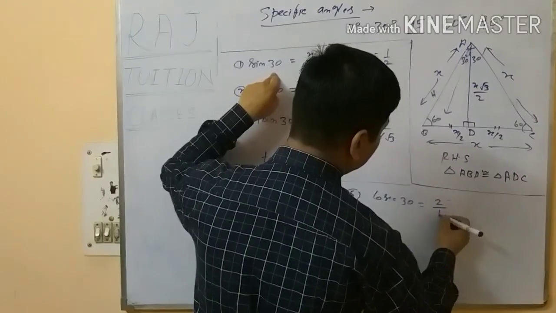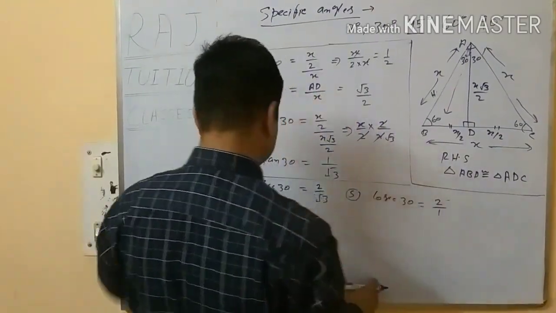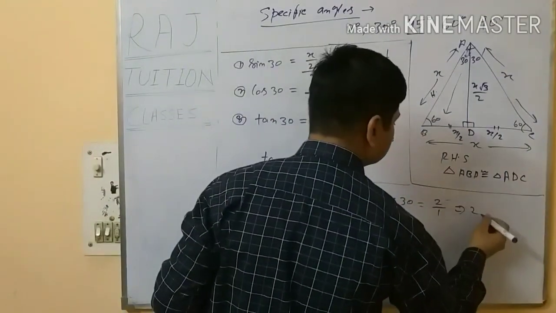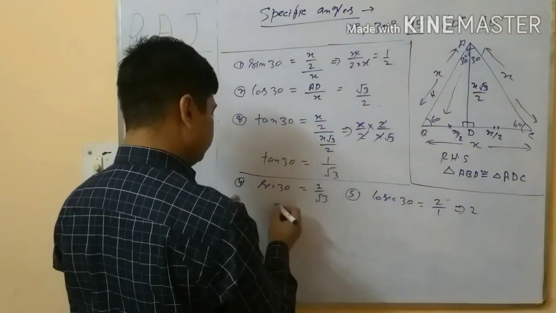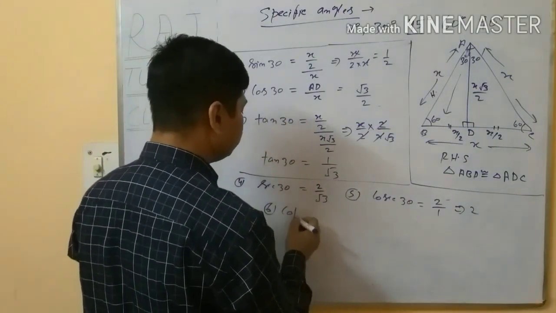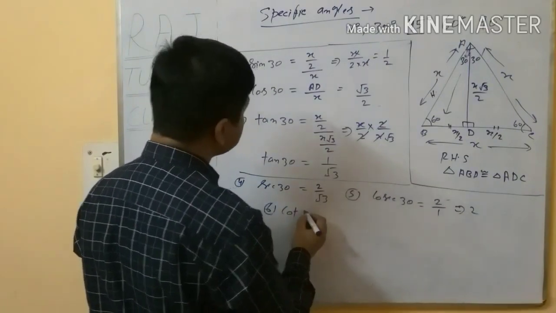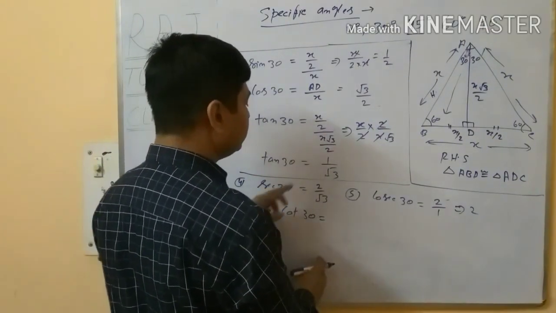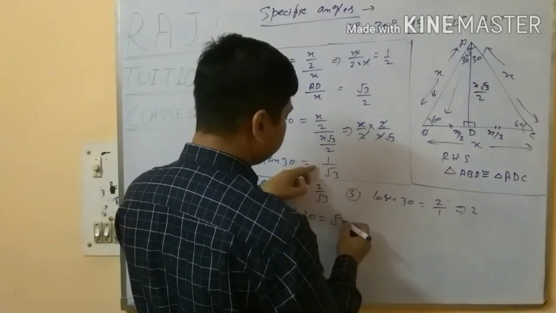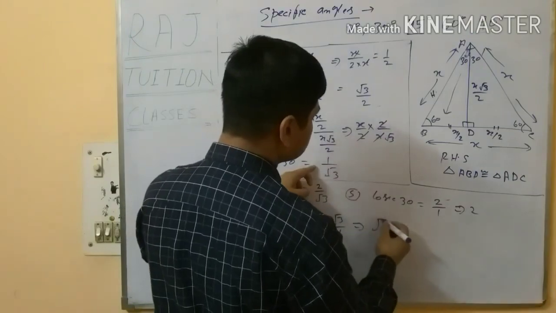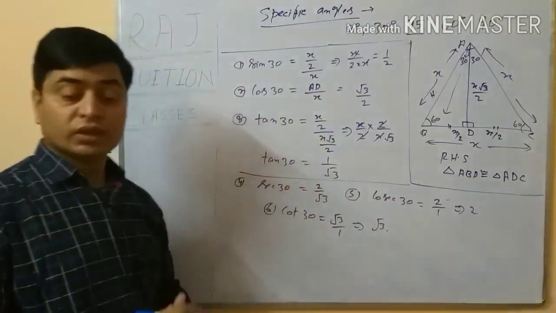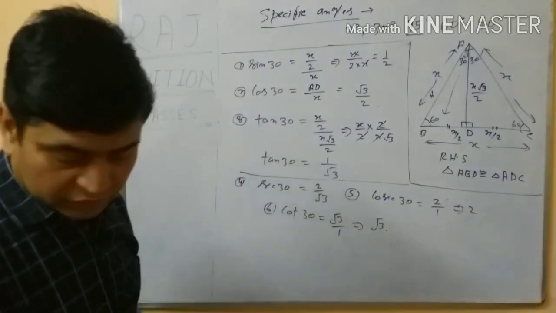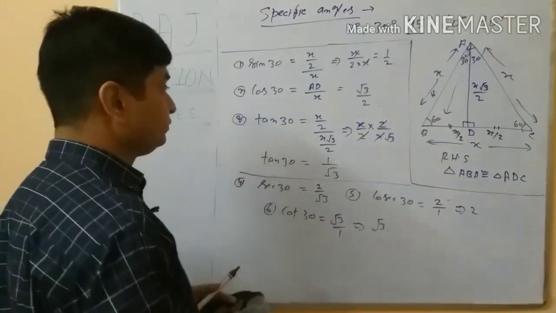So 2 over 1 equals 2. If I want to find the value of cot 30, that will be the reciprocal of tan 30, root 3 over 1, which means root 3. So we can find this value very easily.